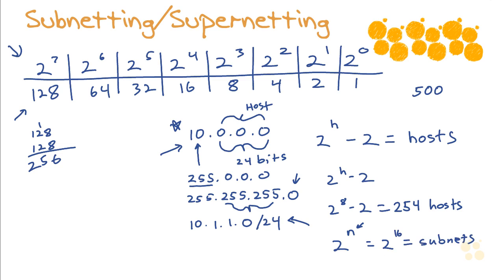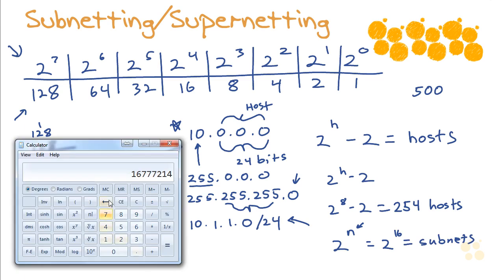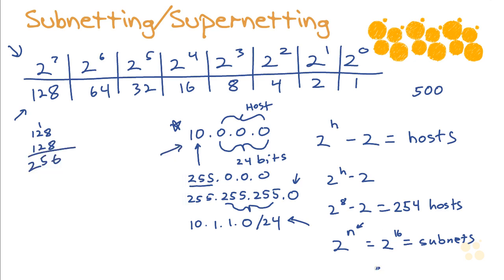Let me grab our scientific calculator once again. Let's clear that calculator and we'll do 2 to the y, 16, equals, minus 2, equals, we could have 65,000 and change, we don't have to be exact here, networks, and each of those networks could accommodate 254 machines.